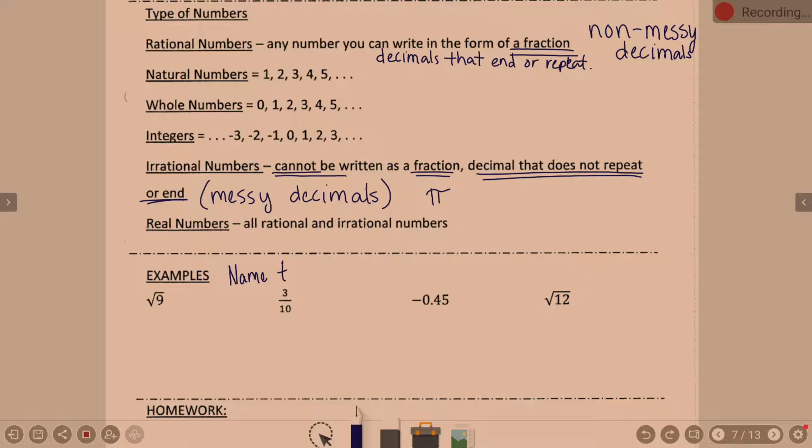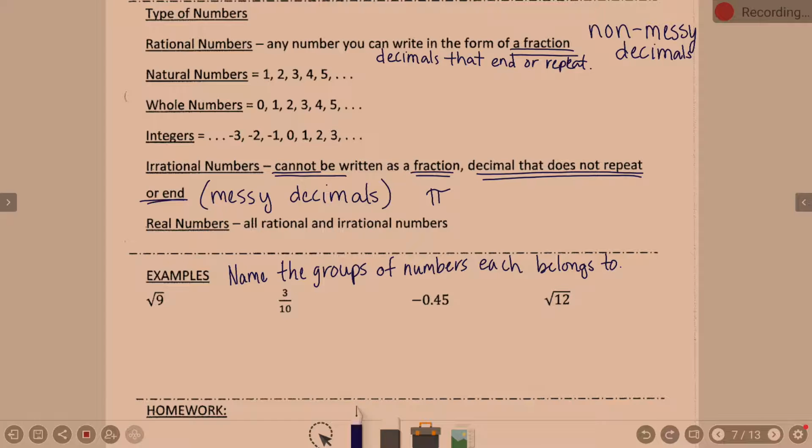So we're going to name the groups of numbers each belongs to.